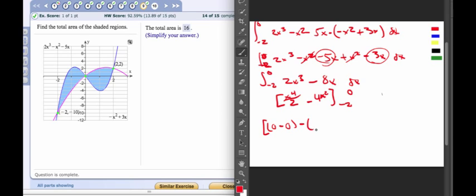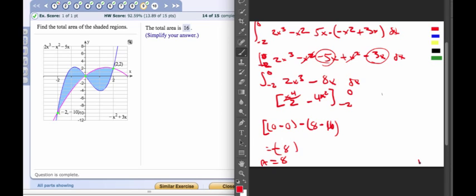Then subtract the quantity at -2: -2 to the 4th is 16, divided by 2 is 8, minus 4x squared. -2 squared is 4, 4 times 4 is 16, so we get a minus 16 here. And so we get -8, times the negative of the outside, and we get 8 as the area for this first region.